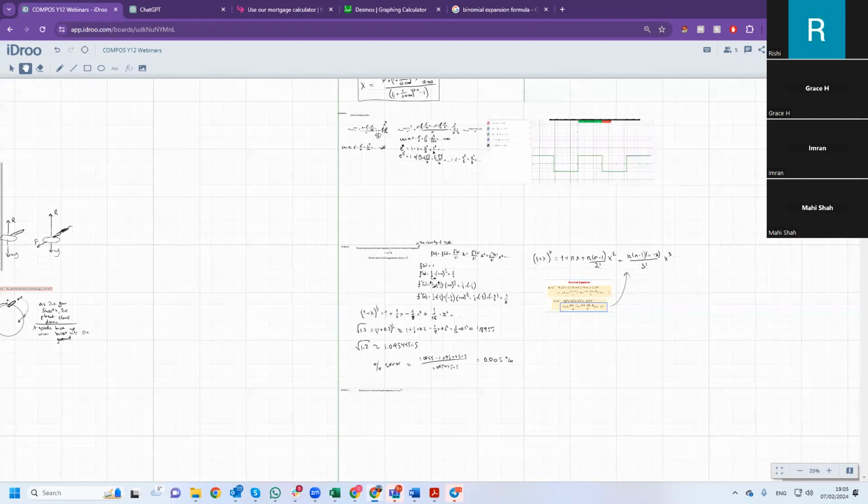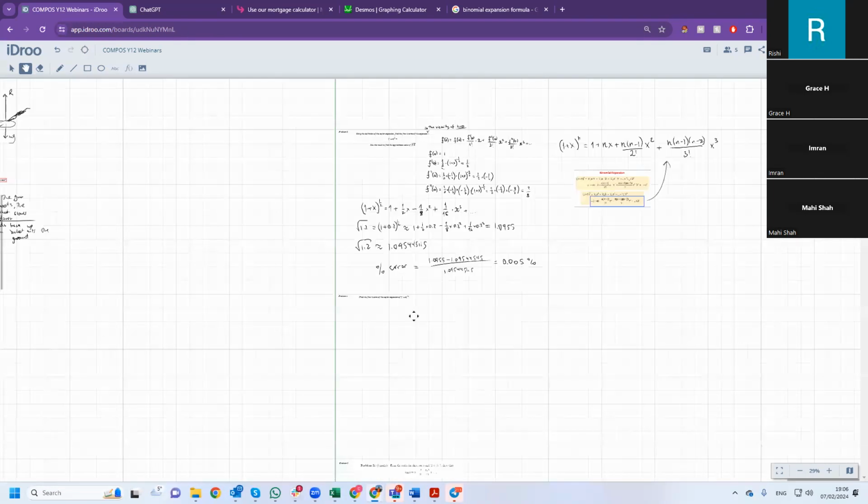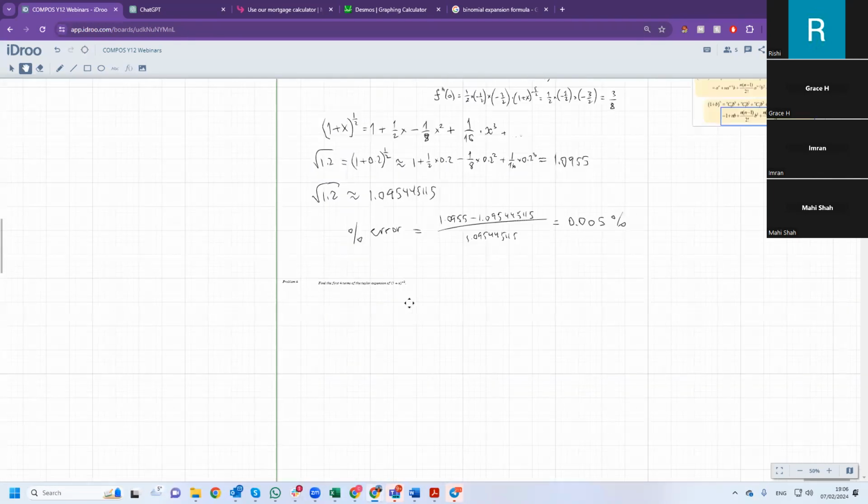I'm a practical physicist, not an electronics guy, so I wouldn't know exactly what they use. Thank you for pointing that out. It could be Taylor, probably not Fourier, but some sort of expansion for an approximation.